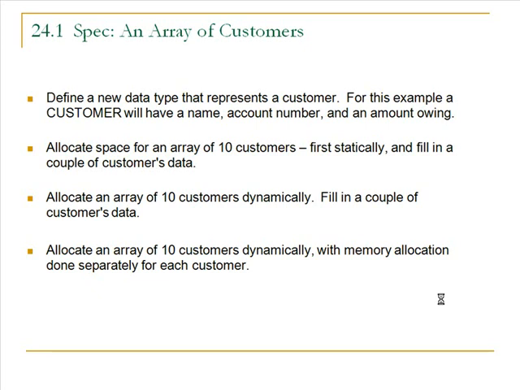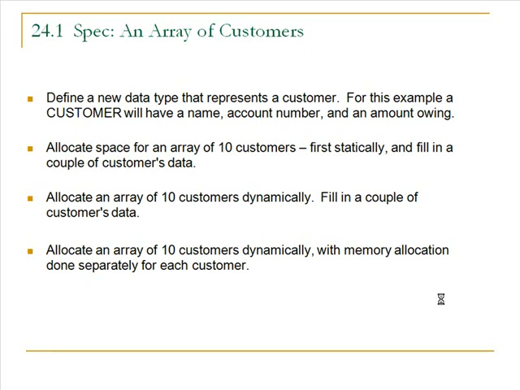So once we have the customer data type, then we're going to allocate space for an array of customers, first statically off the stack, and then we will fill in a couple of customers' data, and then we'll allocate some space for these customer objects dynamically off the heap, and we'll fill in a couple of those, and then we're going to allocate an array of 10 customers dynamically with memory allocation done separately for each customer.